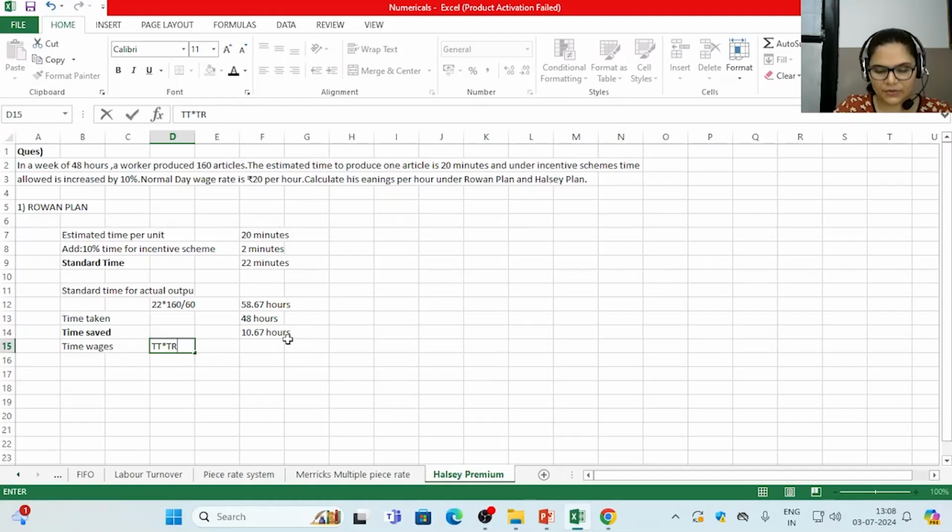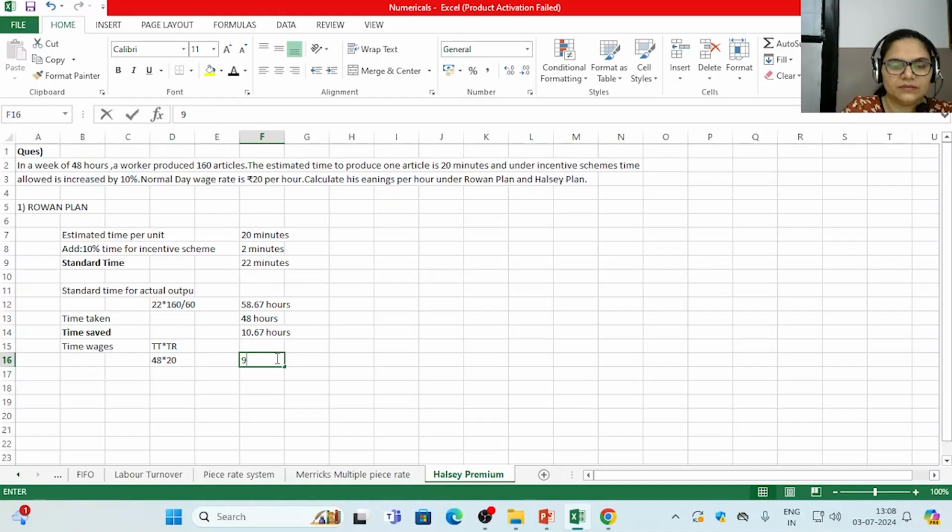So time taken is 48, multiplied by time rate, which is 20. It will give you 960. This is the figure of 960.